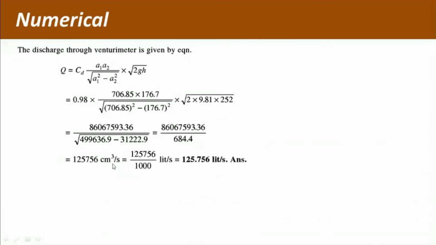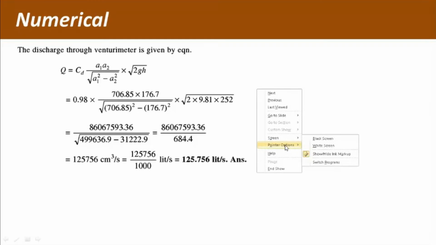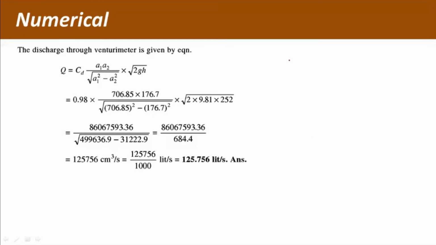second. Remember the conversions. 1 meter cube is 10 to the power 6 centimeter cube. 1 meter is 100 centimeter, so 100 into 100 into 100, so 10 to the power 6.